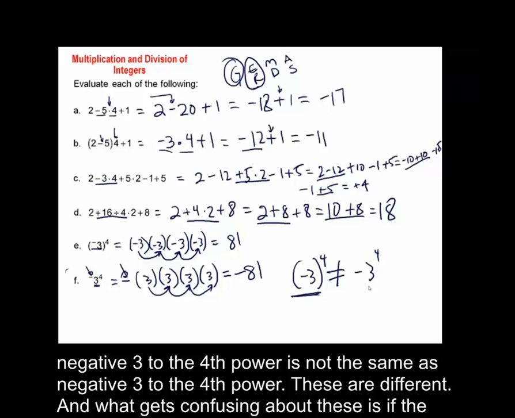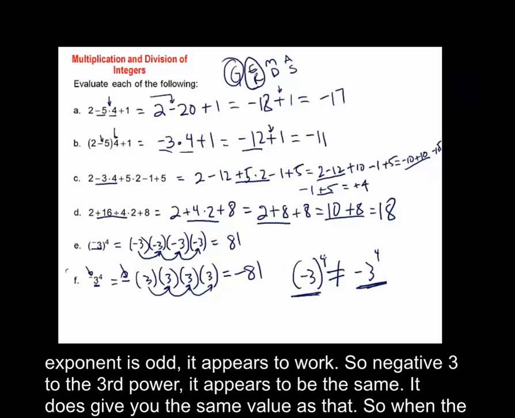These are different. And what gets confusing about these is if the exponent is odd, it appears to work. So negative 3 to the 3rd power, it appears to be the same. It does give you the same value as that.